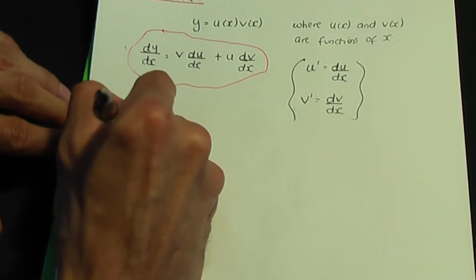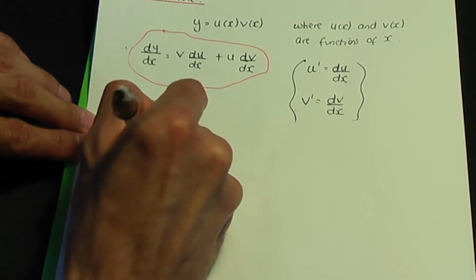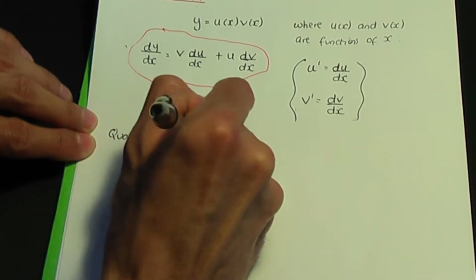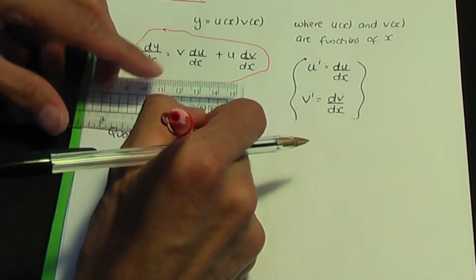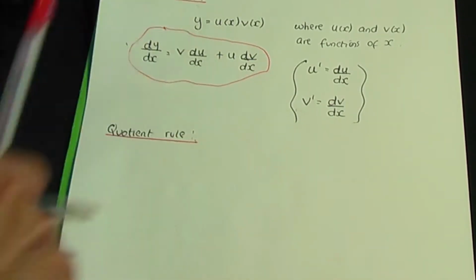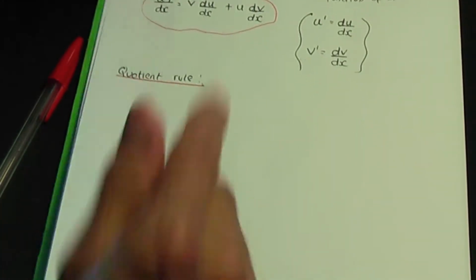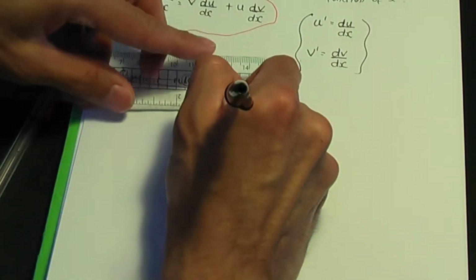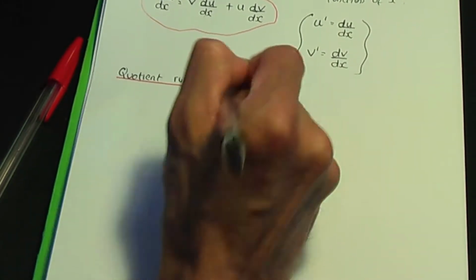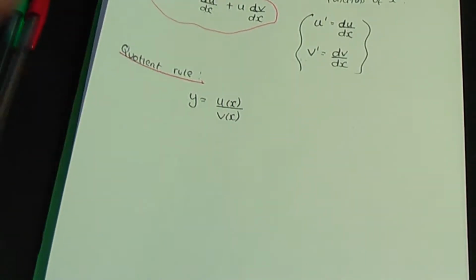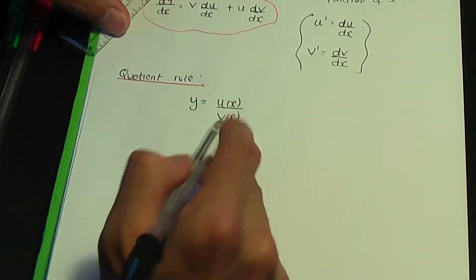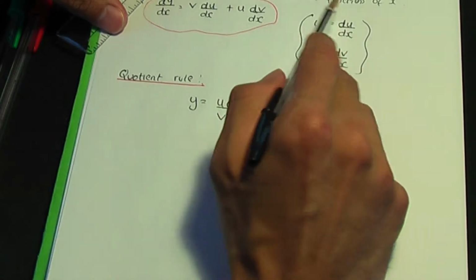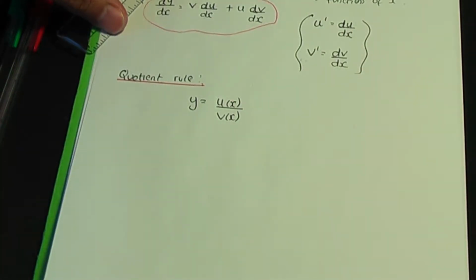Let me write down the quotient rule underneath. So here's the quotient rule. In this case, if you have a function of the form y is equal to u(x) over v(x), so if you have a quotient of functions, u(x) over v(x), and u(x) and v(x) are functions of x, okay?